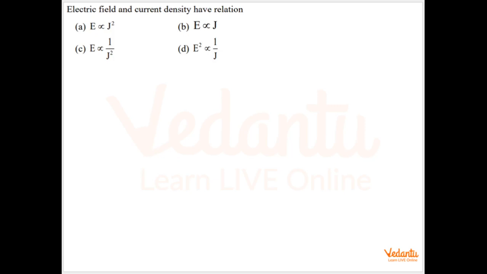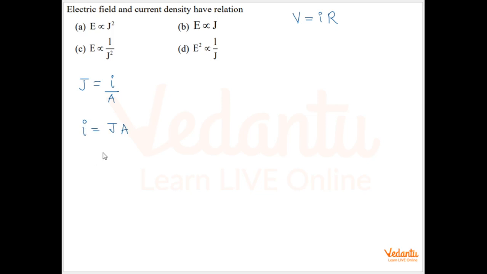In this question, my dear bachcha log, we have to calculate the relationship between current density and electric field. Better remember that V is equal to IR. Now also at the same time, my dear bachcha log, J is equal to I by A. So I can just write down I is equal to JA.